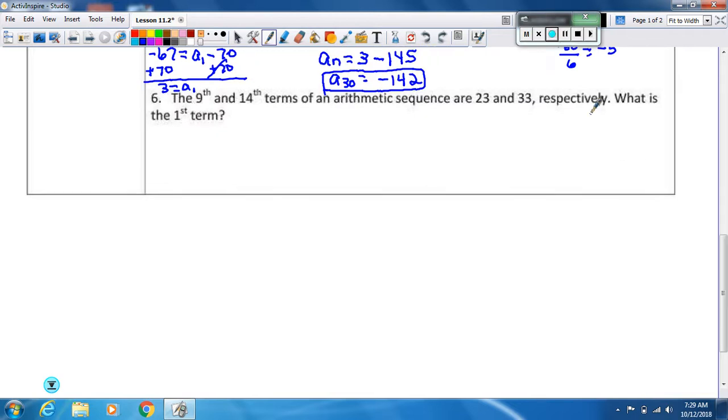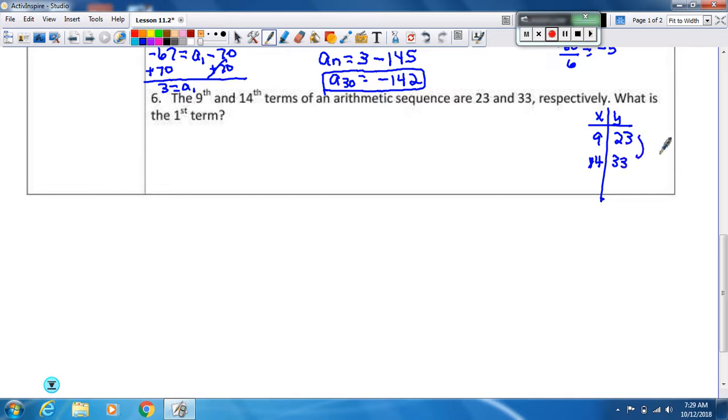Okay, the next one, again, an XY table. We're doing the 9th and the 14th terms. And 23 and 33 respectively.